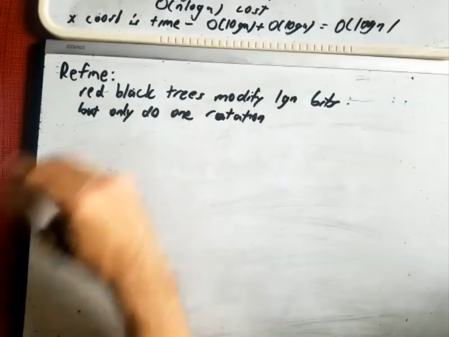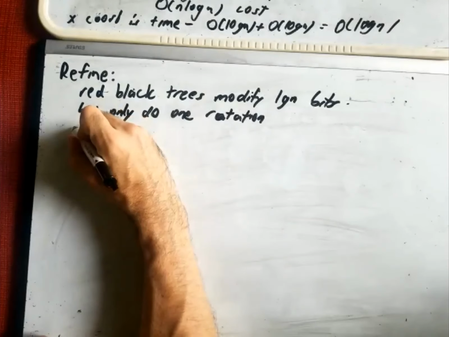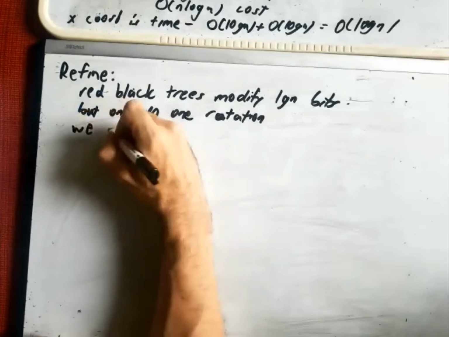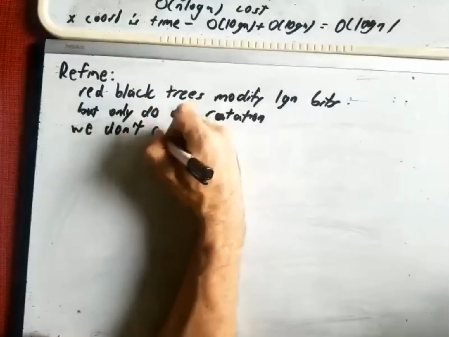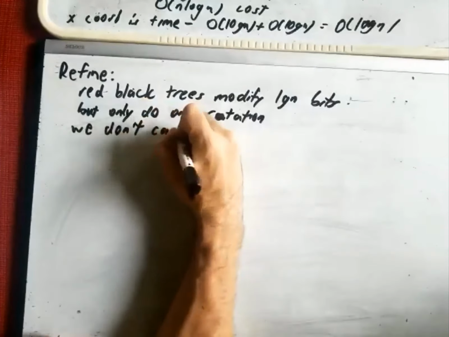Okay. So the other thing to notice is that we don't care about the historical red-black bits. Those bits are only relevant to doing rebalancing. They don't matter for doing queries. So we don't need to persist the red-black bits. We are only going to persist the rotations.